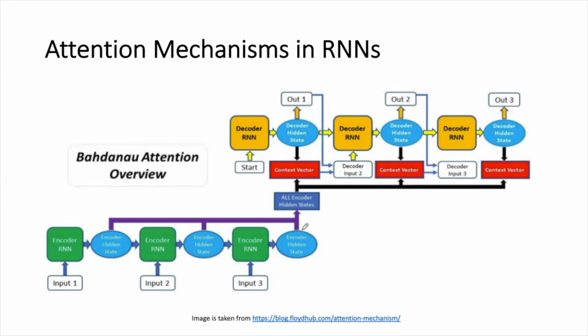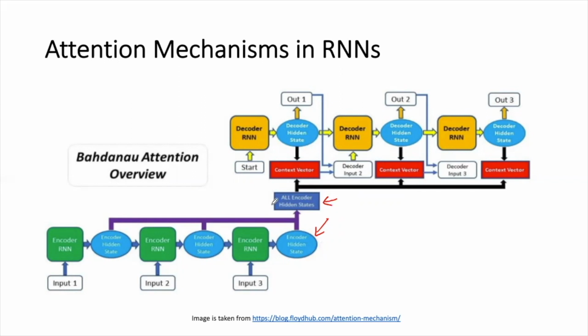Now, unlike the sequence model where only the last encoder hidden state is passed on to the decoder, we collect all the encoder hidden states for each of our inputs. So we collect them here, and we pass them to the decoder.